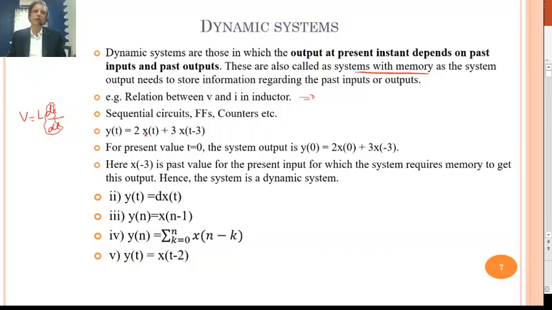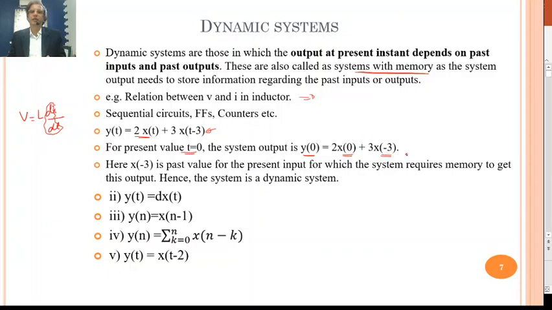Now here we have taken one example, 2x(t) + 3x(t − 3). Now find out whether the system is a dynamic system or a static system. Now the present value is at t = 0. Then the output depends on the present value as well as the previous value, that is the past value.